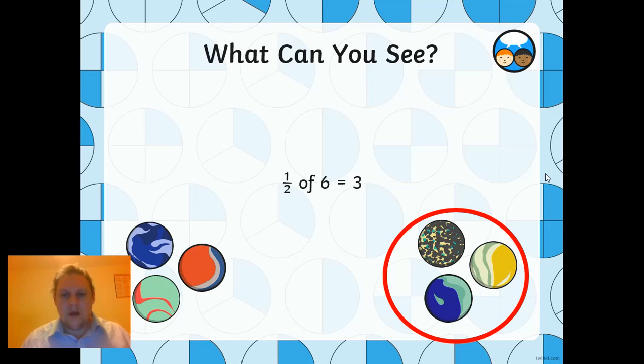So half of 6 is 3. If we've got a whole made up of 6, and we divide it in half, in that half we will have 3. We'll have 3 on this side and 3 on this side when we create our 2 equal groups. So half of 6 is 3.